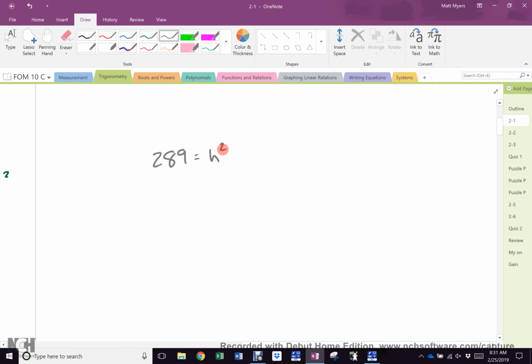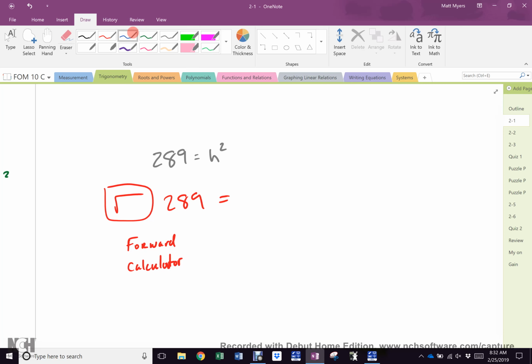When you are finding that square root, because that equaled hypotenuse squared, right? If you go square root button, then 289, then equals, you have what I call a forward calculator. If you had to do it backwards, you had to go 289 square root, and then you don't need to hit the equals button.